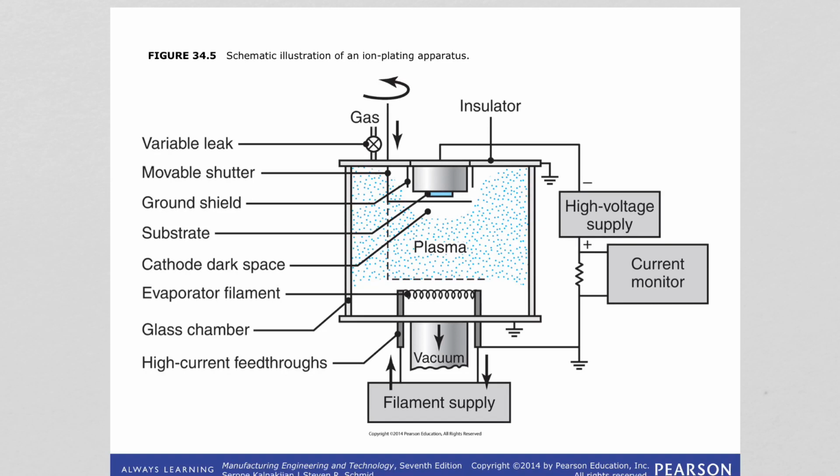So here we have bombarding species along with depositing particles, and I see an evaporator filament. That means just like in vacuum deposition, there is an evaporation going on of the particles that we are trying to deposit, and also the bombarding particles. These come from the inert gas, like in sputtering.